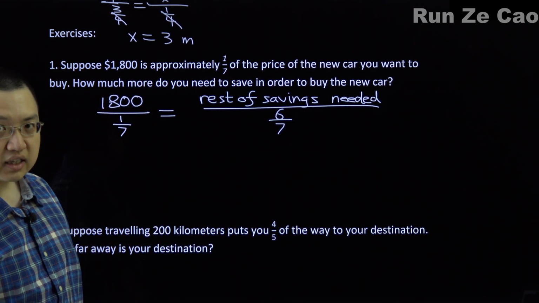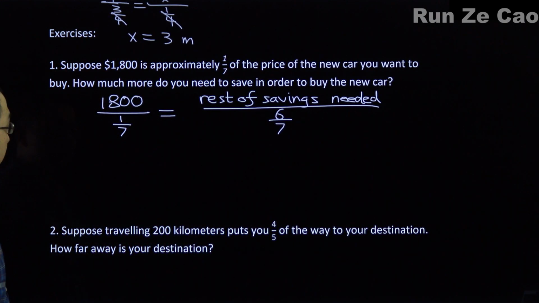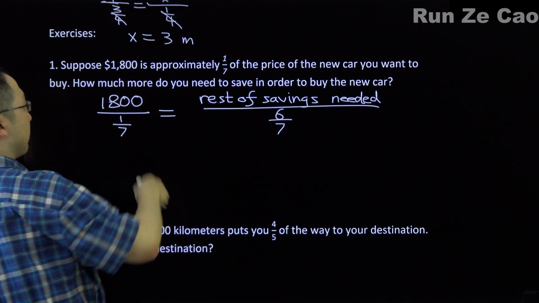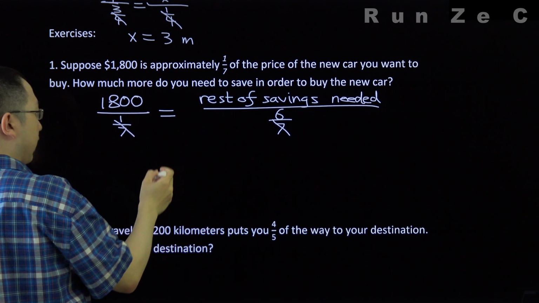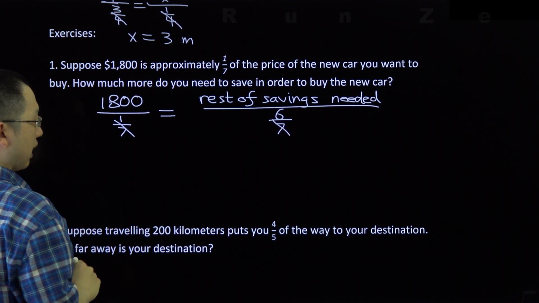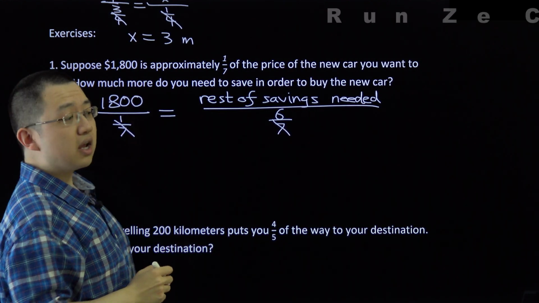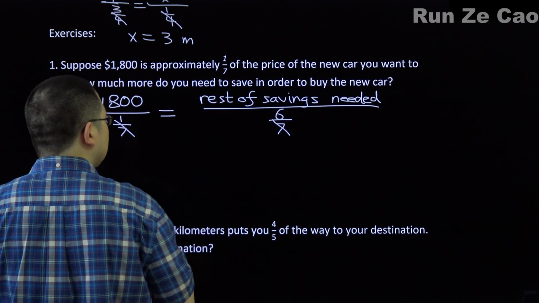Because dividing by a fraction just means multiplying by the reciprocal, that would be times 7 and then times 7 over 6. These two 7s correspond in position and can be just canceled out right away.